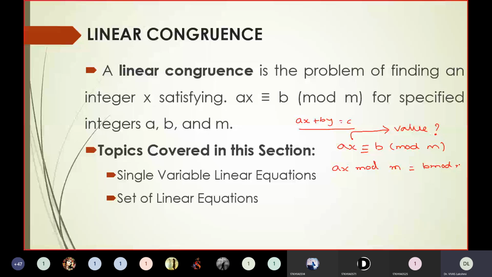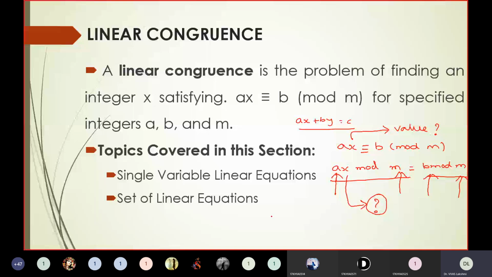In the given problem, we know the values of A, B and M. We are going to find the value of X.